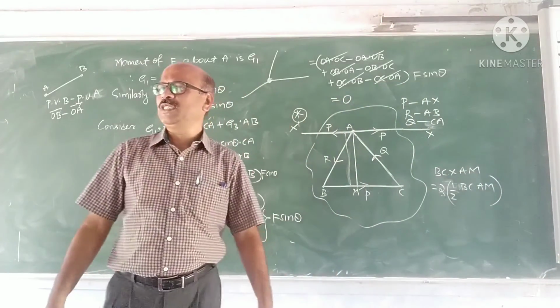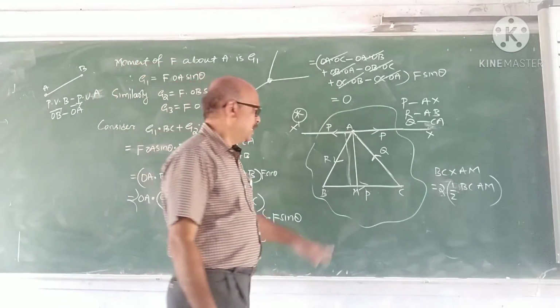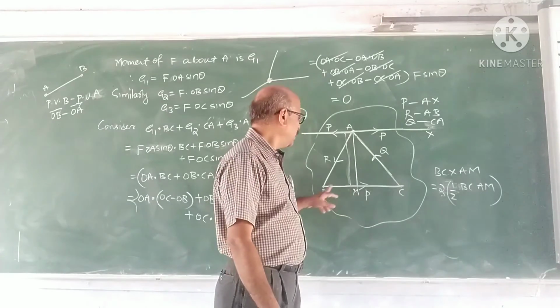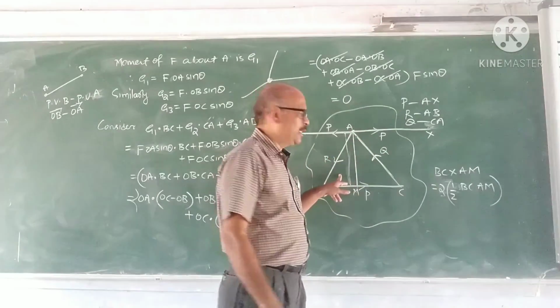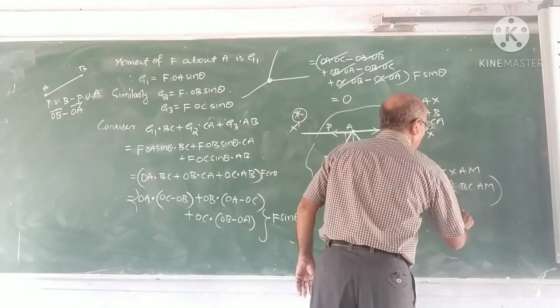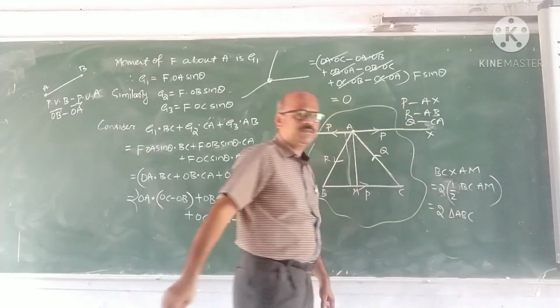What is half into BC into AM? Area of the triangle ABC. Therefore, it is twice the area of triangle ABC.